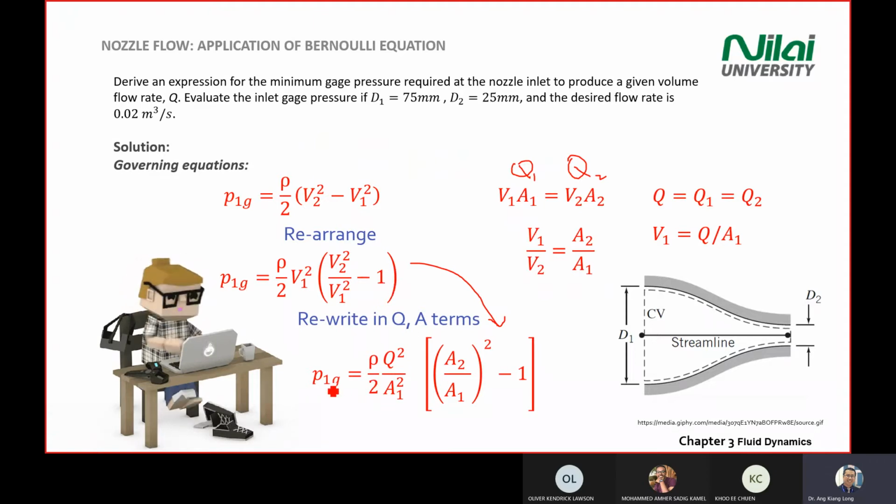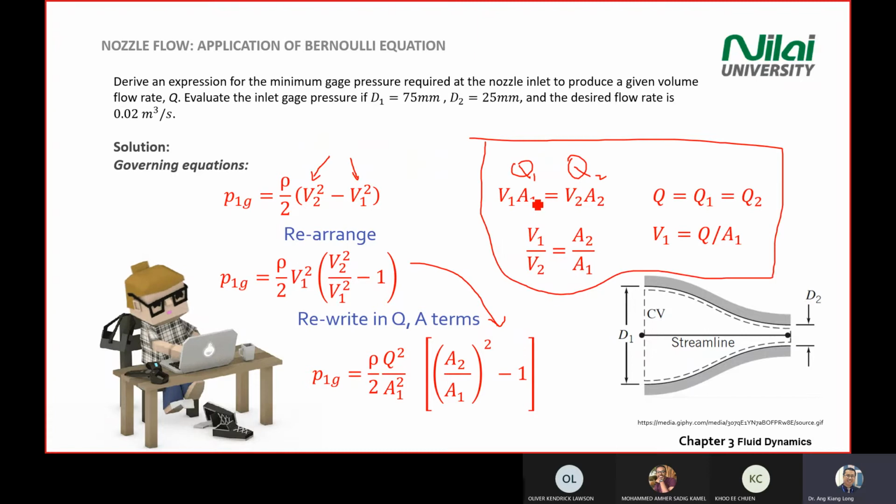So at the end, you arrive at P1 gauge equal to rho divided by 2 times Q square divided by A1 square, and then this one in terms of area square. We just remove the velocity term in this line into Q and A. We just flip the equation to Q and A through the conversion of the continuity equation.